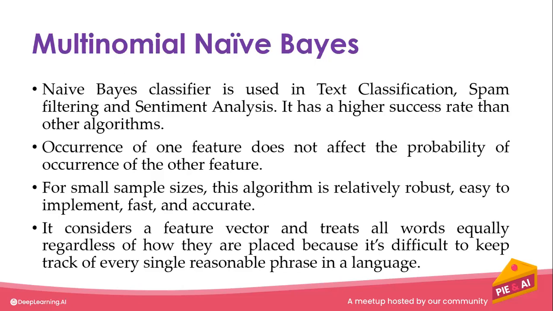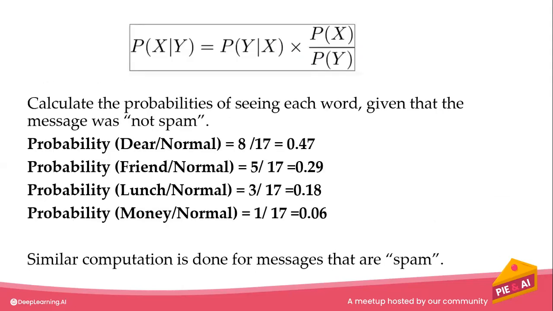In this case, it will consider a feature vector. In our case, we have designed a bag of words feature vector, and it will treat all the words equally, regardless of how they are placed. So this one is an example. The above formula is the Bayes rule, which is the heart of this algorithm. Suppose we are having some words: dear, friend, lunch, and money.